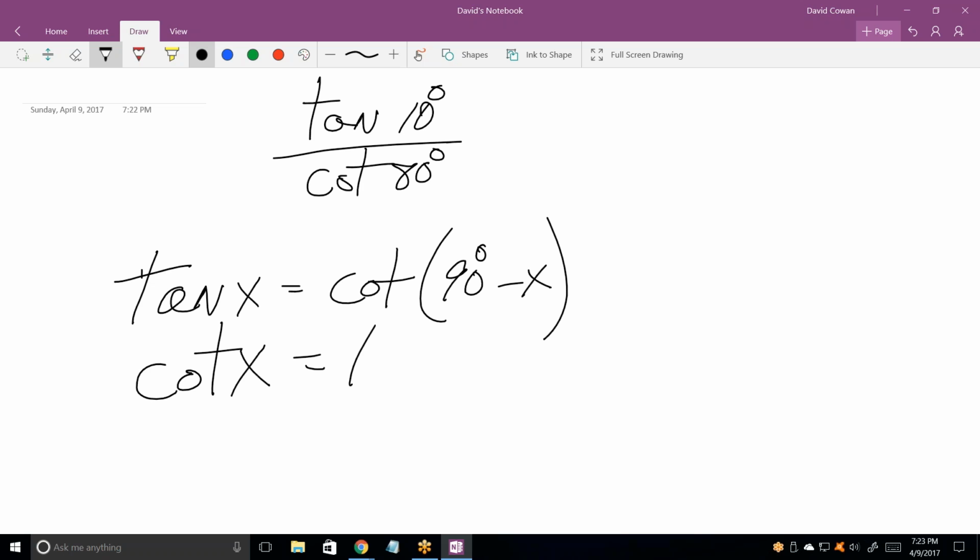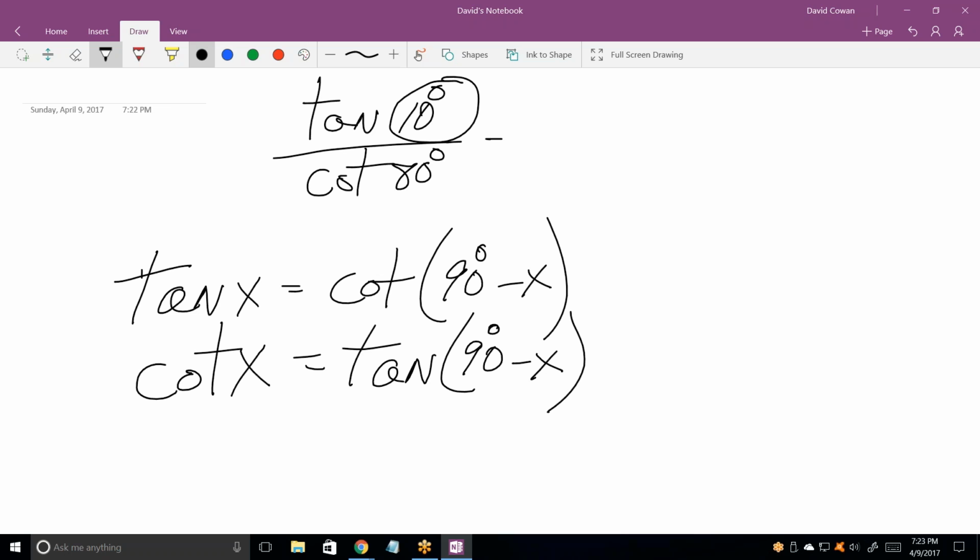And I know I'm going to use this property because I can see the relationship between 10 and 80. 10 and 80 add to 90. Besides that, I have no way of getting the tangent of 10 degrees without a calculator. That's not a half angle, it's not a double angle, it's not the sum of two angles. I would be pretty much lost to come up with a value of the tangent of 10 degrees. So there better be something special about this problem.